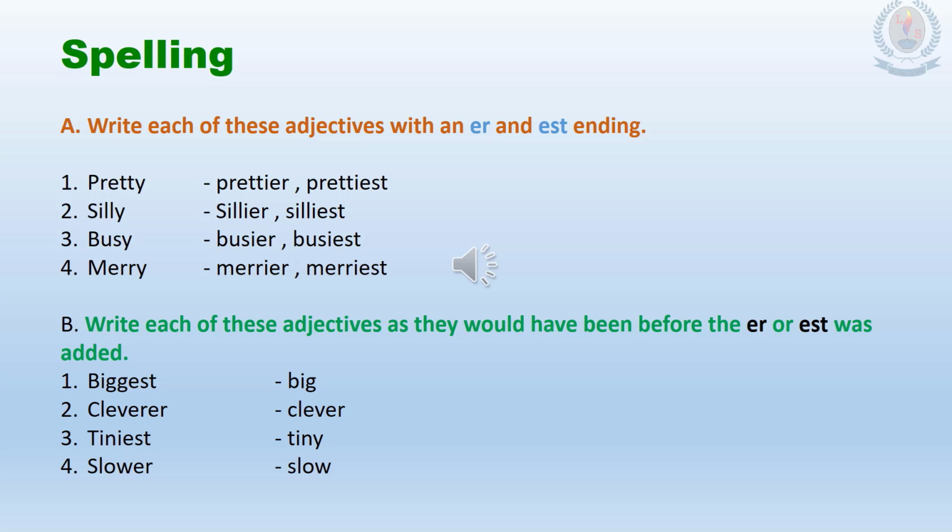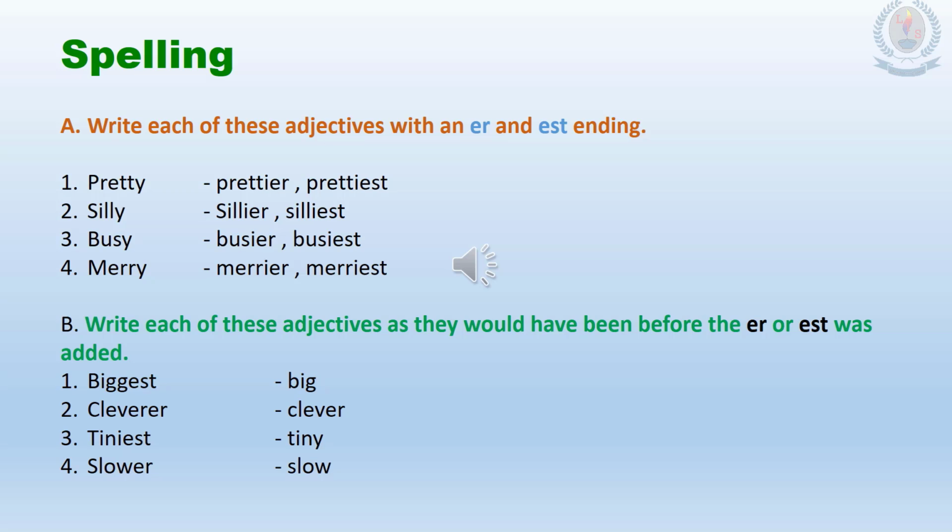Spelling. Write each of these adjectives with an ER and EST ending. Number 1: pretty, prettier, prettiest. Silly, sillier, silliest. Busy, busier, busiest. Merry, merrier, merriest.